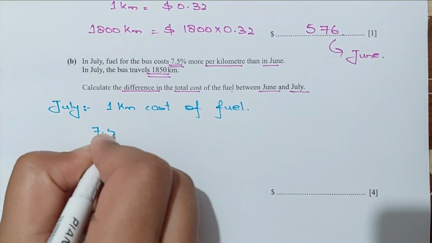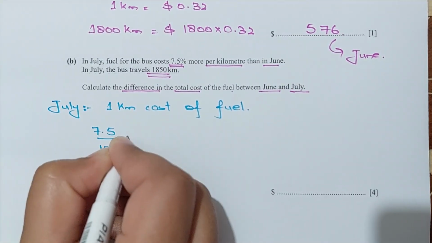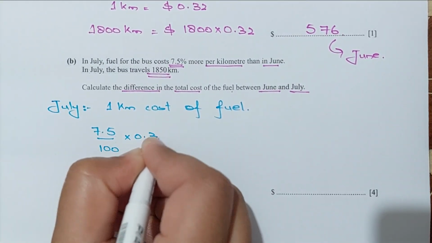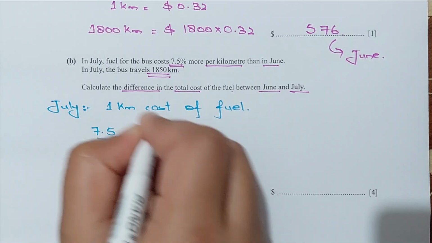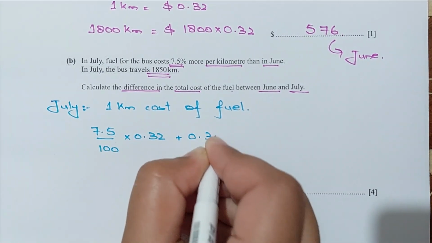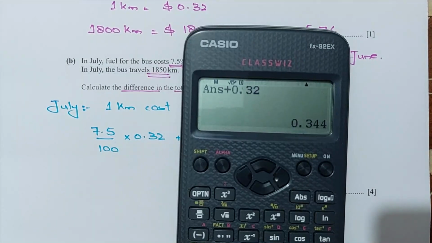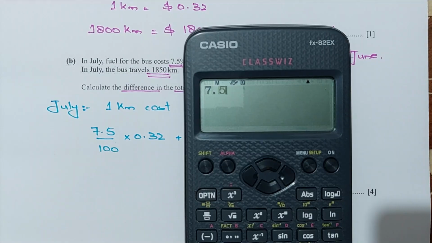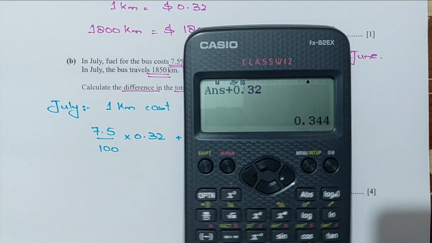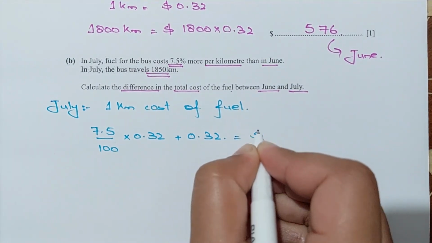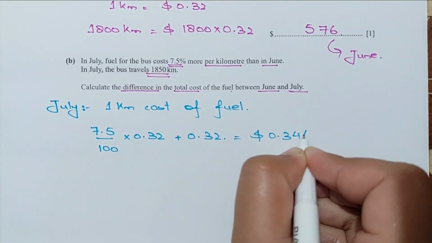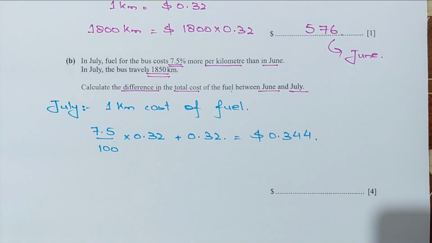So 7.5% of the cost of June, which is 0.32, add this to the cost of June, 0.32. So this is 7.5 over 100 times 0.32, add 0.32. 0.344. So this would be the cost, 0.344 for the fuel per kilometer.